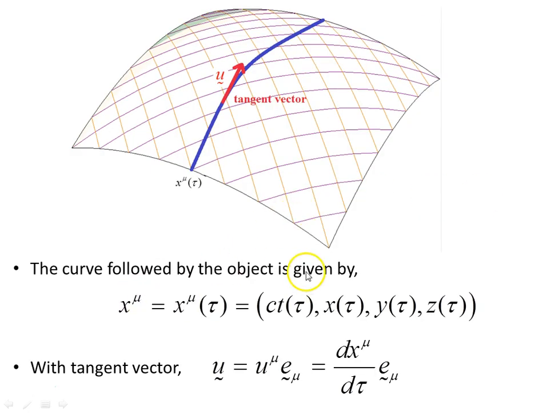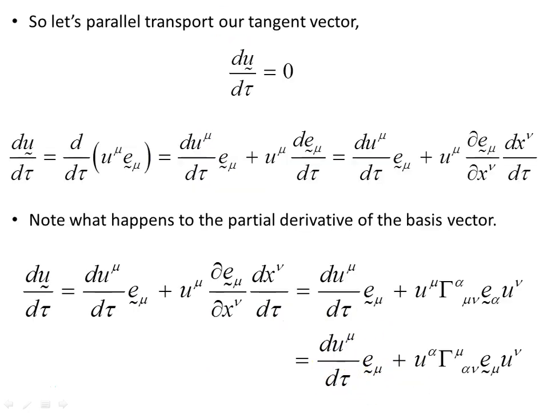Alright, so here we go. The curve followed by the object is given by these coordinates, parameterized in terms of the proper time τ, and we have each of the four coordinates in Minkowski space. The tangent vector u is u^μ e_μ, which is dx^μ/dτ times e_μ. Alright, so let's parallel transport our vector.